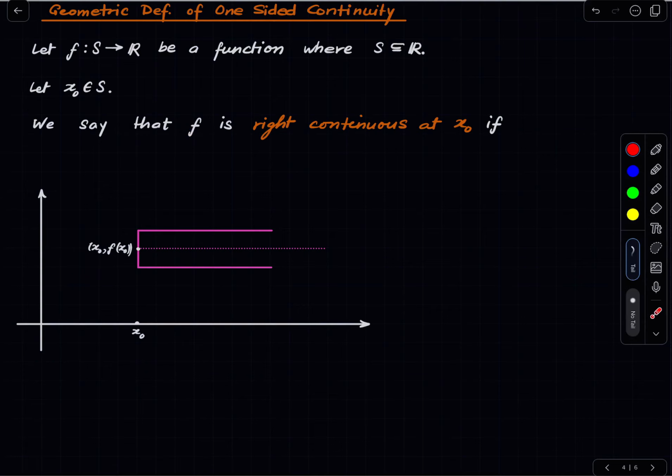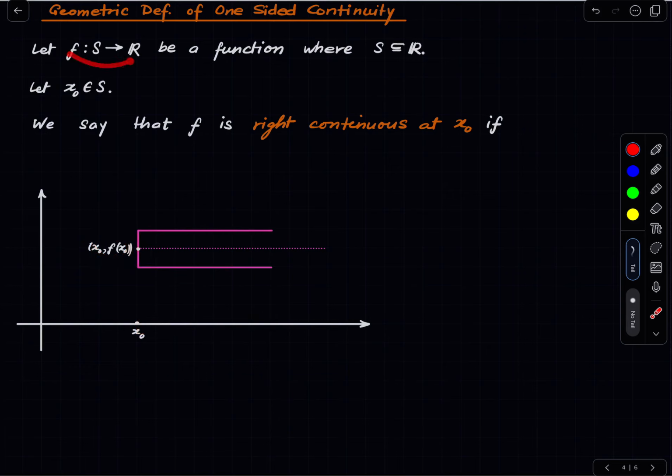Whenever you choose a right epsilon band about the point on the graph corresponding to x0, there is some right delta neighborhood, which we haven't defined and will not need to define, of the point x0 such that the graph of the function restricted to this right delta neighborhood is contained in this right epsilon band.